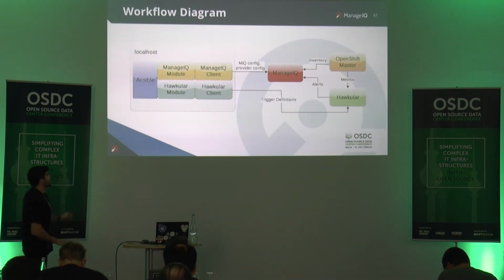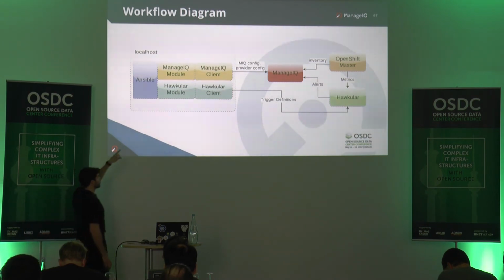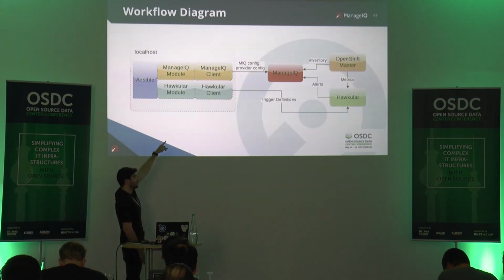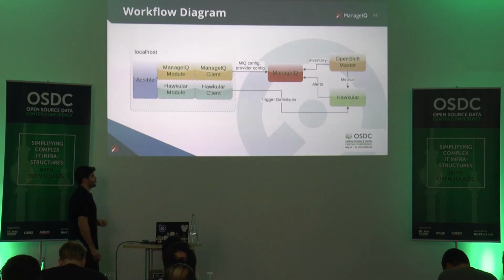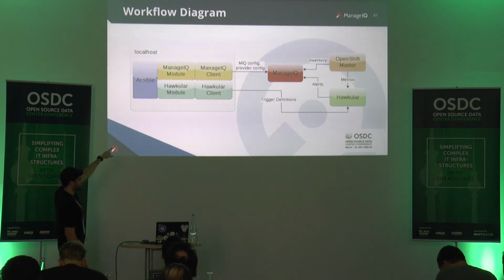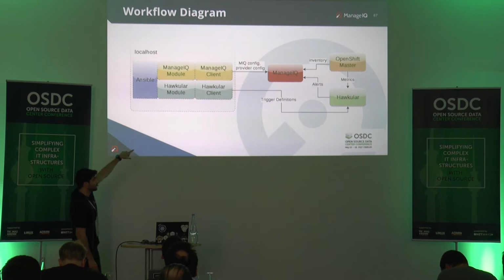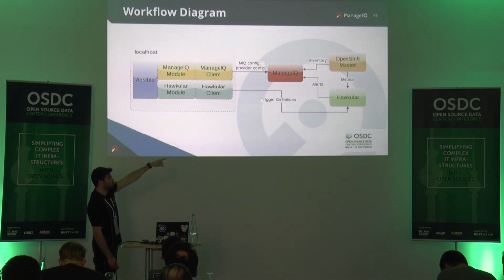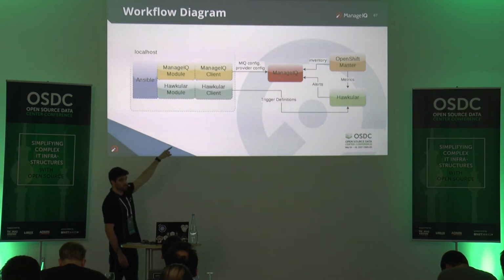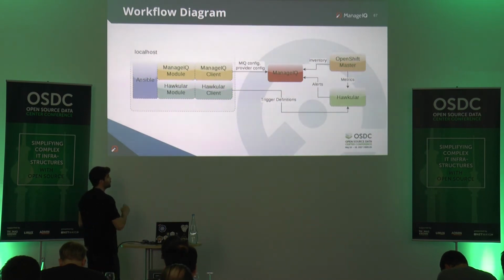Now I want to go back to the workflow diagram and see that now we've added the Ocular modules and the Ocular client. The difference is now that the Ocular module is working through the client to define the triggers straight to Ocular and not through ManageIQ, as for what we've seen in OpenShift and ManageIQ before.